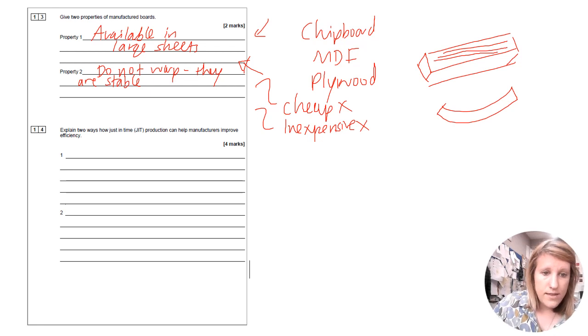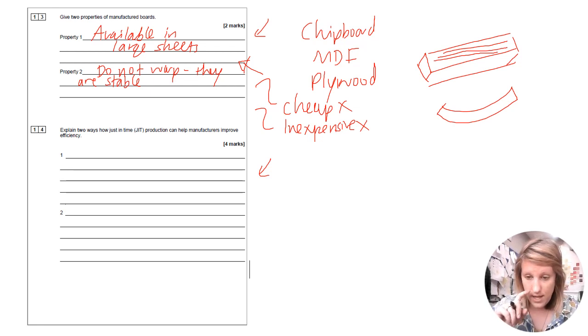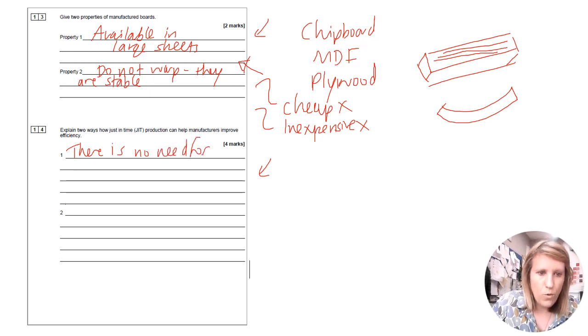Right. Again, this is a nice question about just-in-time production. Explain 2 ways that just-in-time production can help manufacturers improve efficiency. Okay. So we know that just-in-time production is all about ordering stock, materials and components just when you need to use them. So something that you could say straight away would be there is no need for warehousing or storage of components.